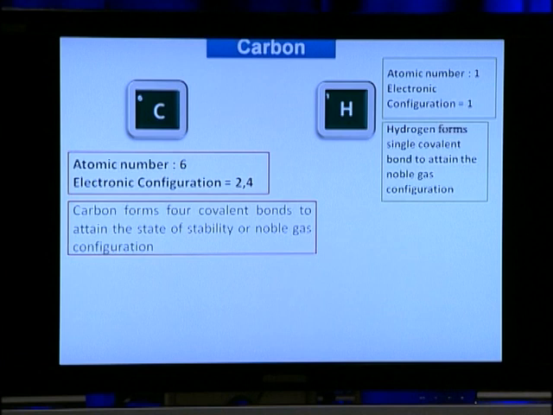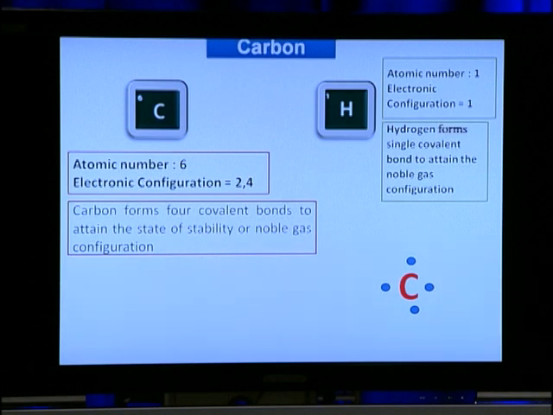Taking these important characteristics of carbon and hydrogen into consideration, now let's look into how carbon is linked to hydrogen in hydrocarbon. Let's say, for example, in this diagram, you see carbon has 4 valence electrons, and in order to attain the noble gas configuration, it will form 4 covalent bonds with the hydrogen atoms.